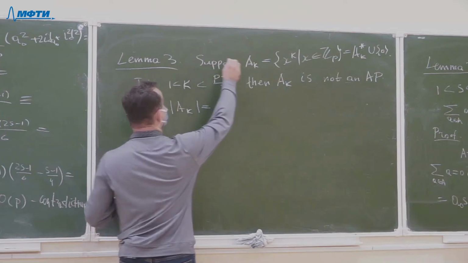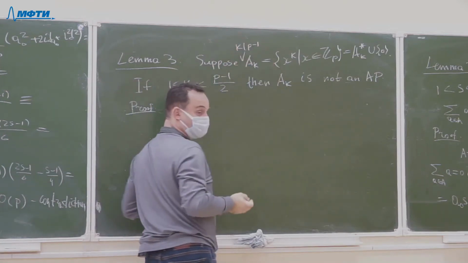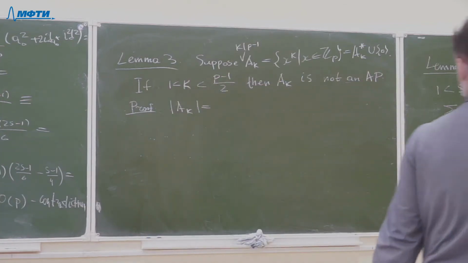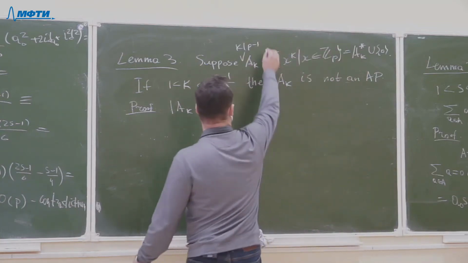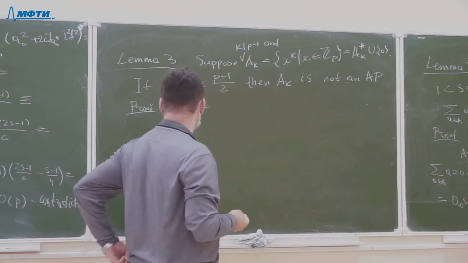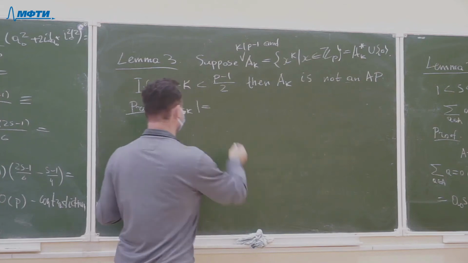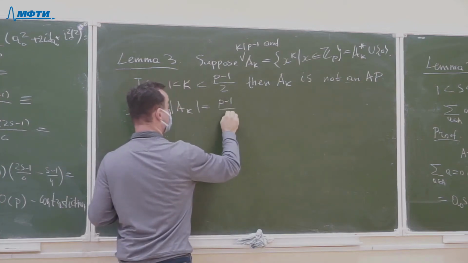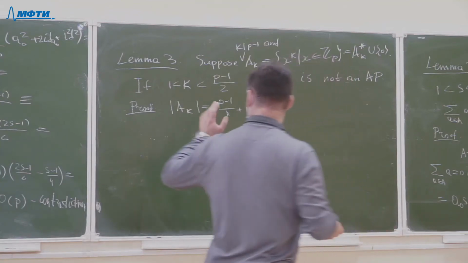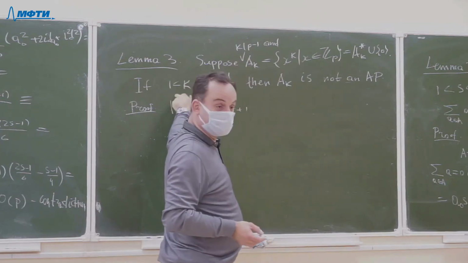Suppose K is a divisor of P-1 actually. Also, we work under this supposition. I forgot this. And A_K is this one. Well, look, the size of A_K is (P-1)/K plus 1 with 0. What can we say about the size of A_K if K is this one?